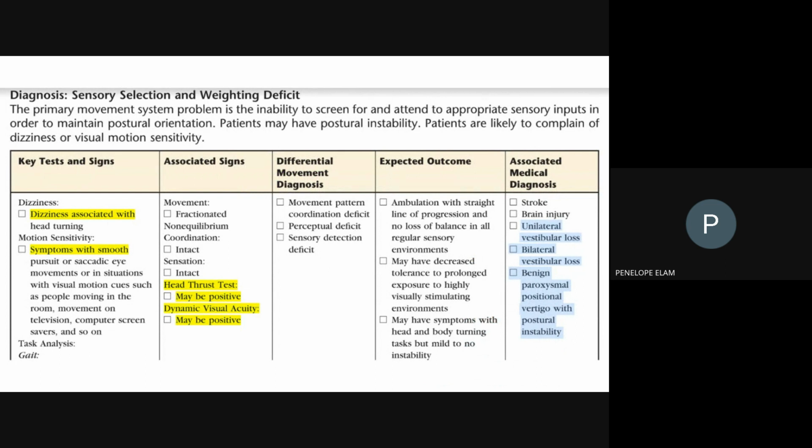You can see here unilateral vestibular loss, bilateral vestibular loss, BPPV, which we'll be talking about. All of our vestibular diagnoses tend to fall underneath this category. Okay, so whenever we're talking about vestibular, I want you to be thinking about sensory selection and weighting deficit as far as your movement category.